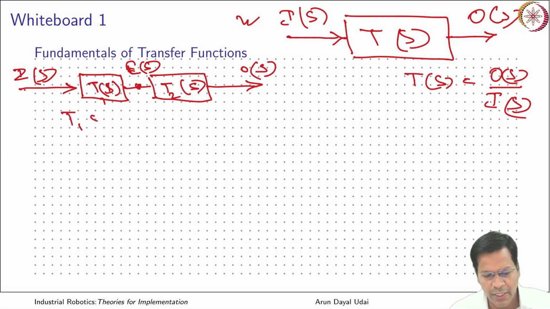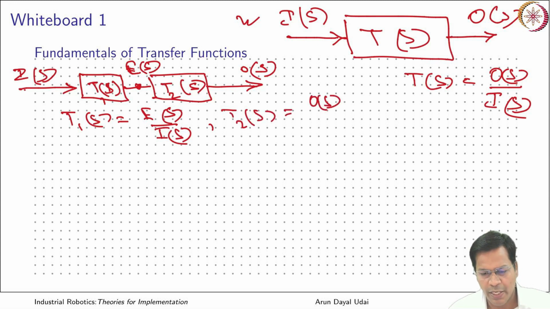So T1(S) is equal to E(S) by I(S). Similarly, T2(S) becomes equal to O(S) by E(S). So multiplying them together, T1 into T2 should give me E by I and O by E. Effectively E(S) will get cancelled, so it gives me output by input.